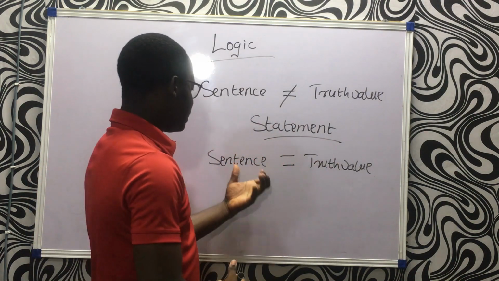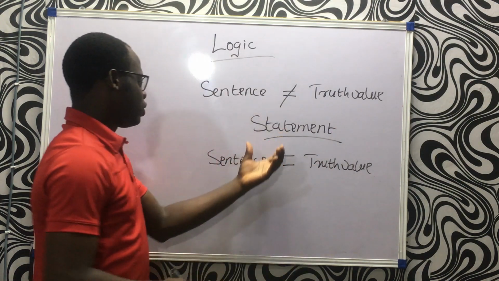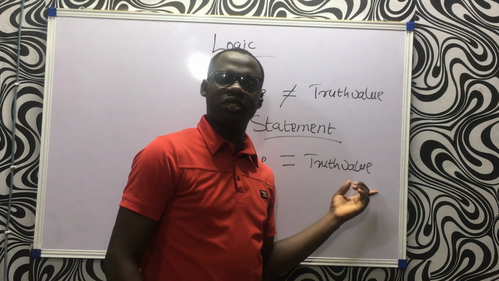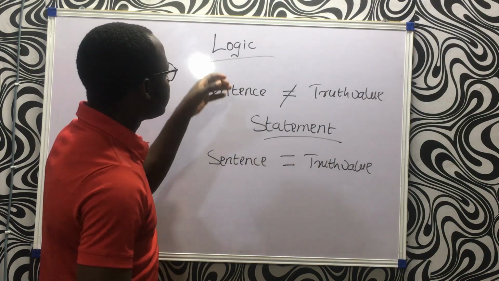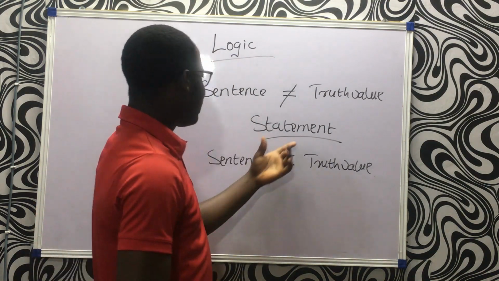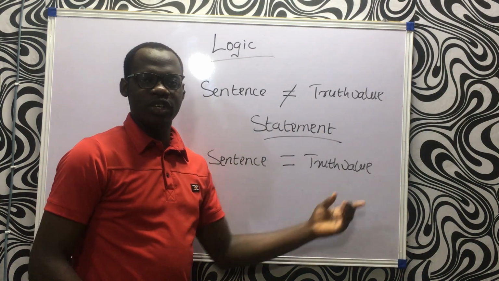Some can also say a statement is a fact, and facts are always true. So the definition of logic is a sentence that has no truth value in it, while a statement is a sentence that has truth value in it.